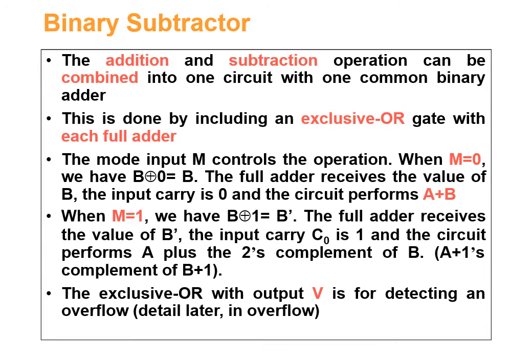The addition and subtraction operations can be combined into one circuit with one common binary adder by including an exclusive OR gate with each full adder. Subtraction can be realized using an adder by controlling the inputs to a parallel adder.